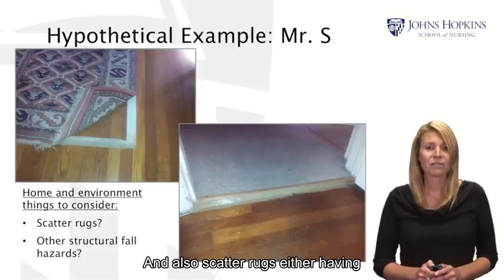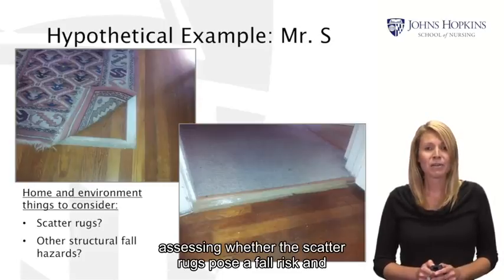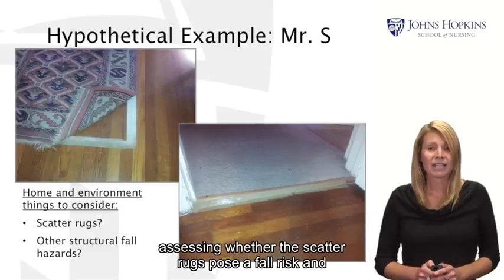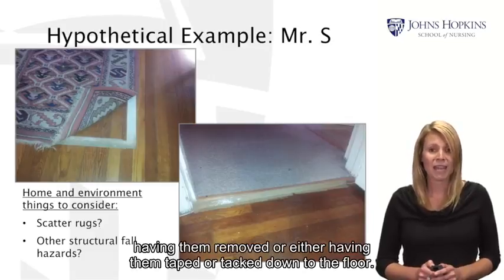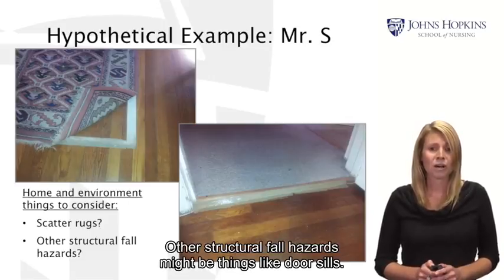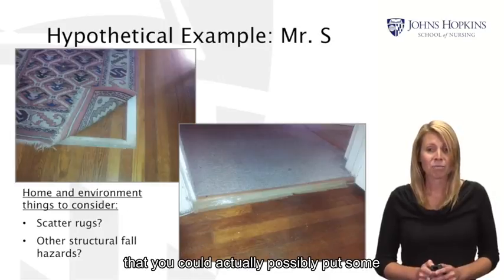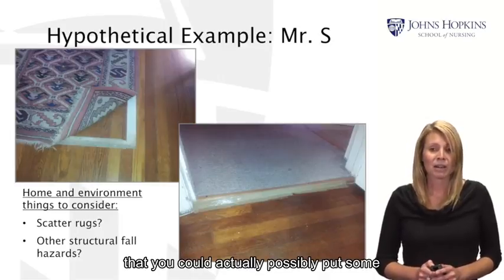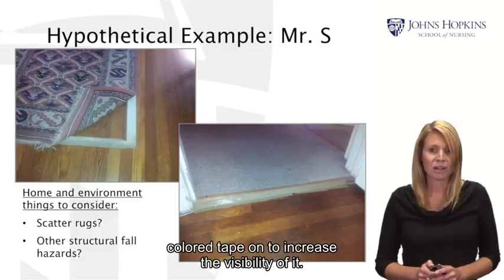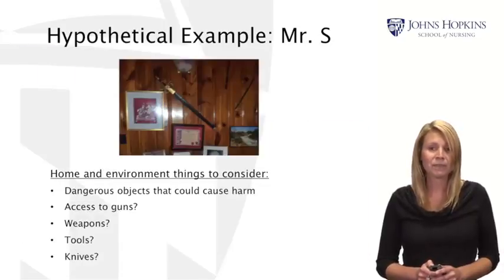And also assessing whether the scatter rugs pose a fall risk and having them removed, or having them taped or tacked down to the floor. Other structural fall hazards might be things like door sills. In the bottom picture, you can see a raised door sill that you could possibly put some colored tape on to increase the visibility of it.